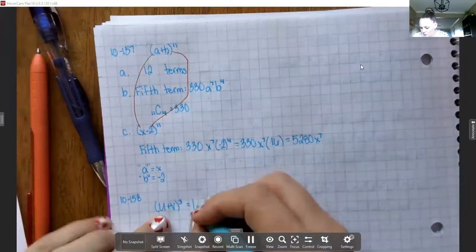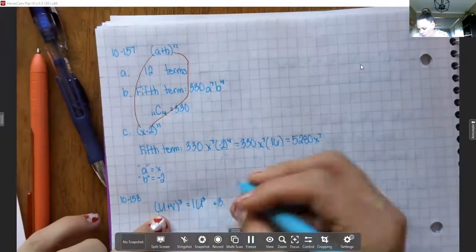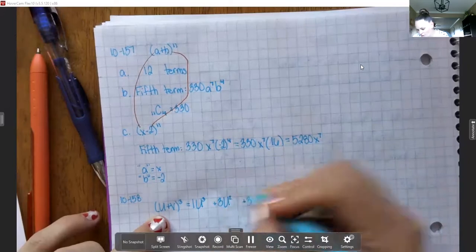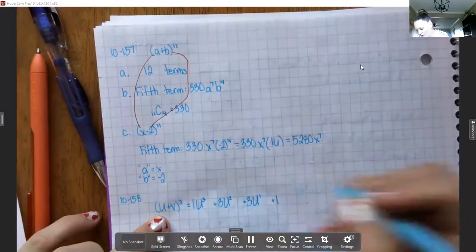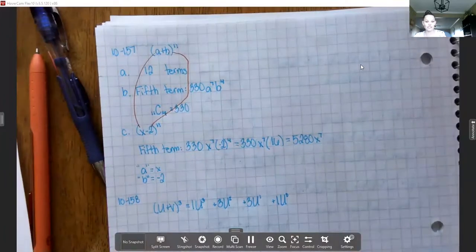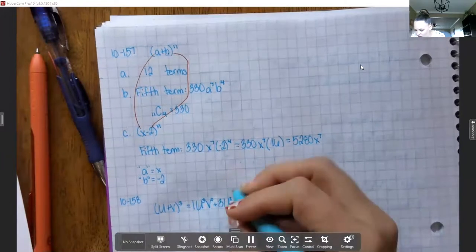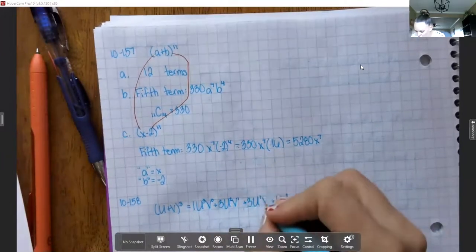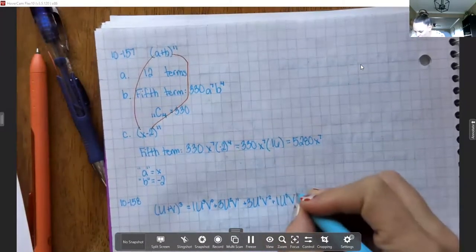This first term is going to be u cubed. Our u's are going to go down, u squared, u to the first. And if you want to write this as u to the 0, so you make sure you remember that one, that's fine. And same thing with our v's. This starts as v to the 0, v to the first, v squared, and v cubed.